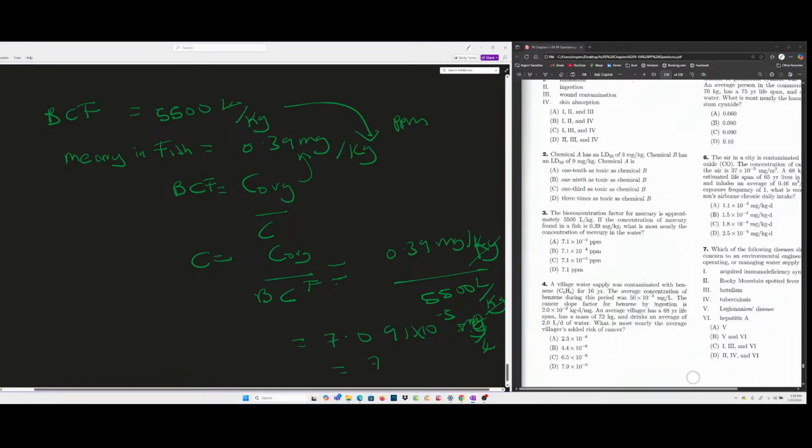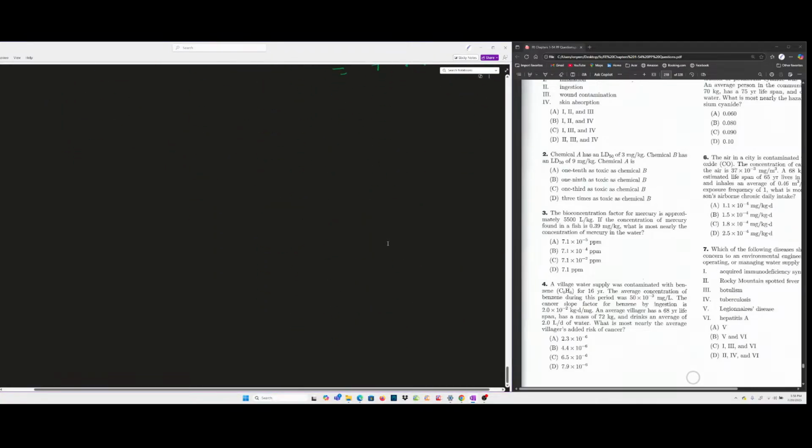This can also be 7.1 times 10 to the power of minus 5 ppm, because ppm can be any unit. So we solve the equation.